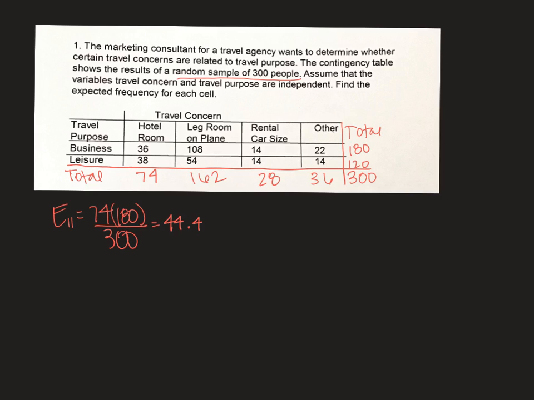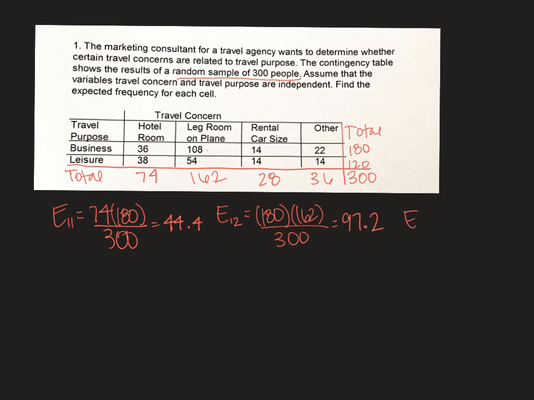And we just continue on with that same process. So row 1, column 2 would be legroom on the plane for business. So 180 times 162, that row total times that column total, divided by 300 is going to give me 97.2.